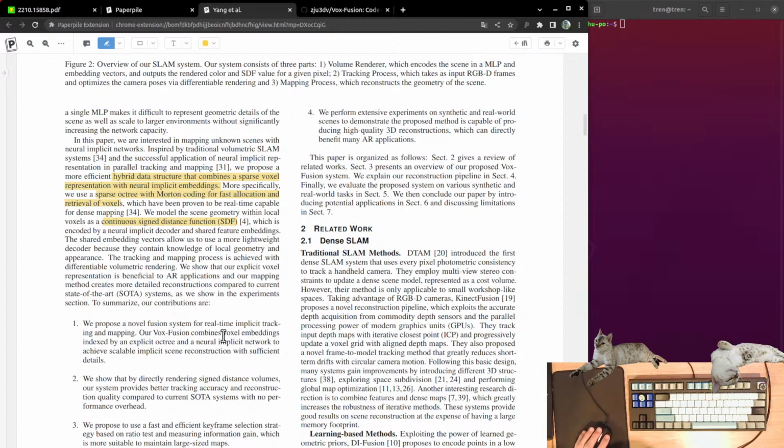Okay, so it's the combination of these voxel embeddings and the neural implicit networks. Directly rendering signed distance volume provides better tracking accuracy and reconstruction quality. Okay.